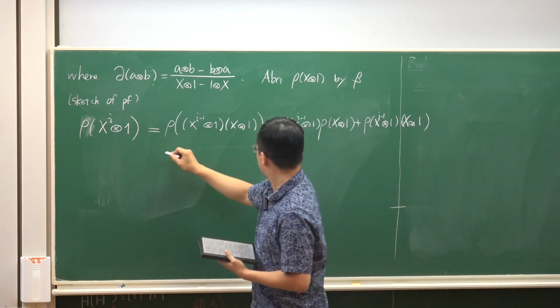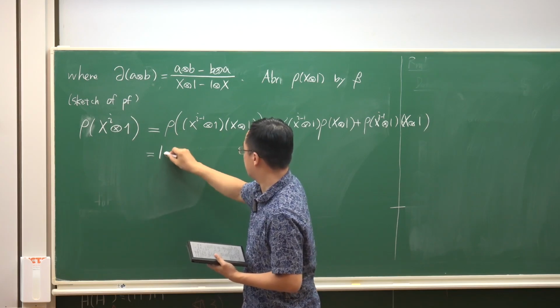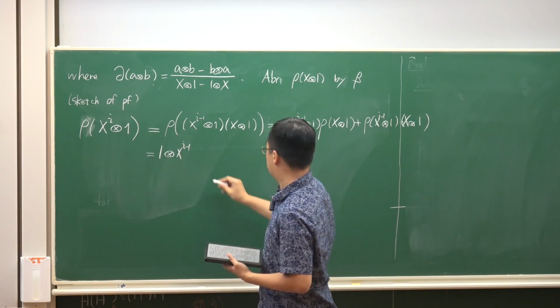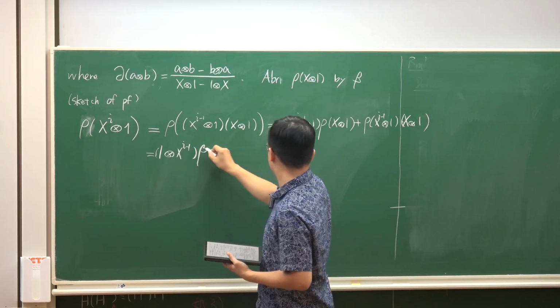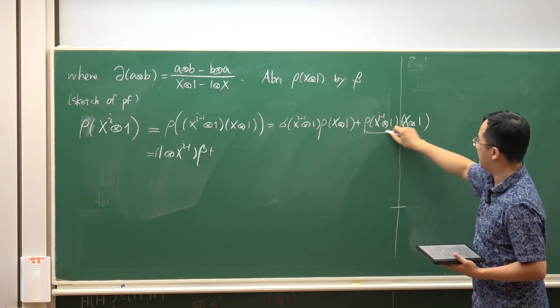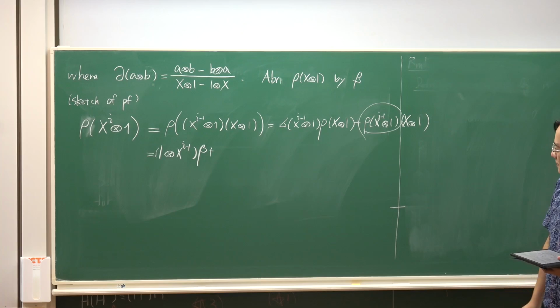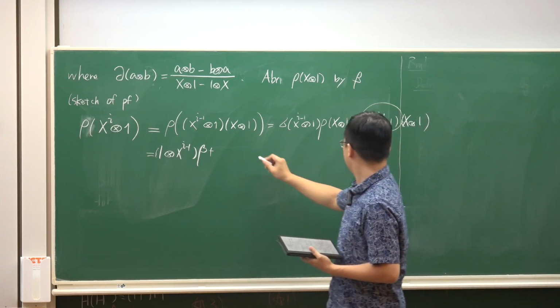So you get 1 tensor x to the I beta plus something you can get by induction.